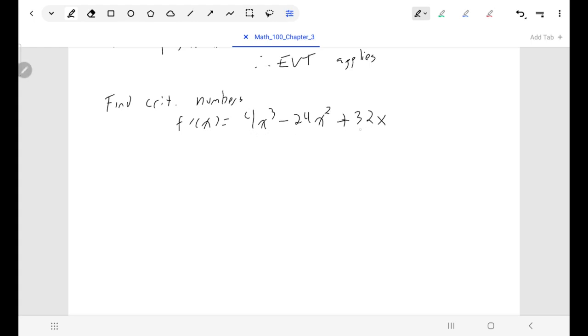This is definitely never undefined. It's a polynomial, so critical numbers will just happen when it's equal to 0. So let's do that. And I'm going to do a little bit of work here cleaning things up. I can factor x out of everybody, 4x out of everybody rather.